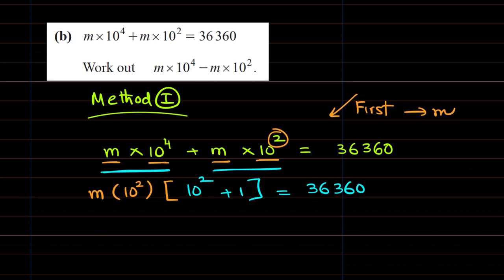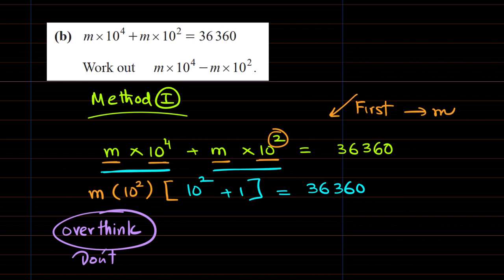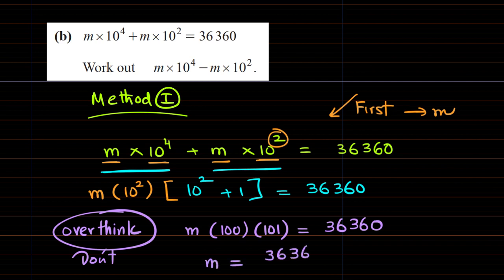Now, if I don't overthink, let me write over here overthink, and then I write don't overthink. What happens? This is m into 100 into 101. This equals 36360, and make m the subject, which is 36360 divided by 100 into 101.